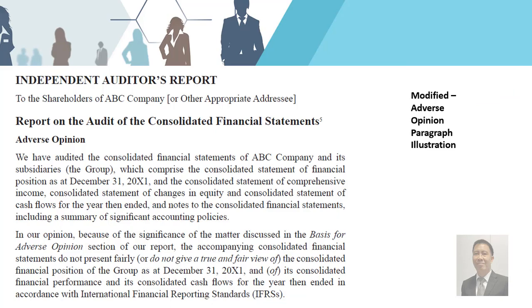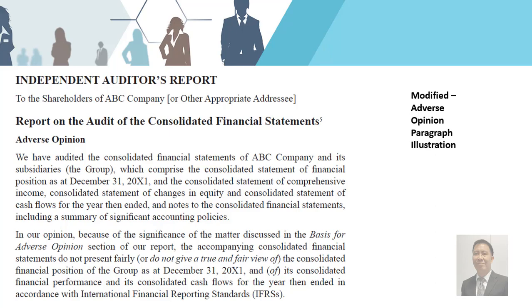So an example of this, this illustration: same first paragraph telling about the financial statements that they audited and the notes. Now, on the second paragraph, they will mention the basis for adverse opinion section, which will be provided in another section in the auditor's report.